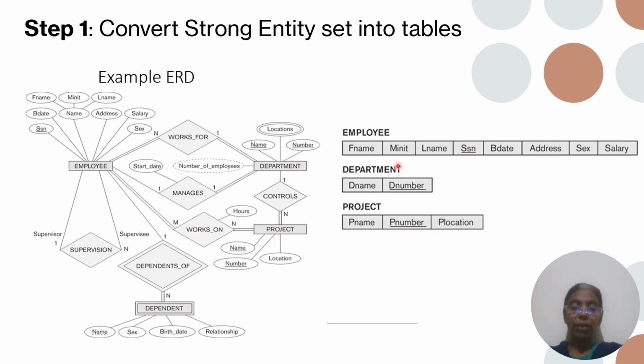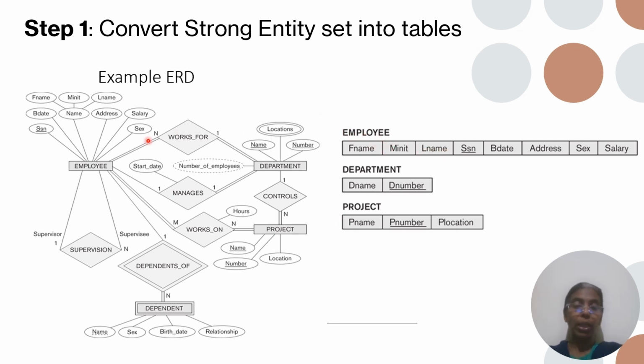In Employee we have this compound attribute. We will take only the simple attributes, and we will not take the name itself. So only the simple attributes will be added to the table.